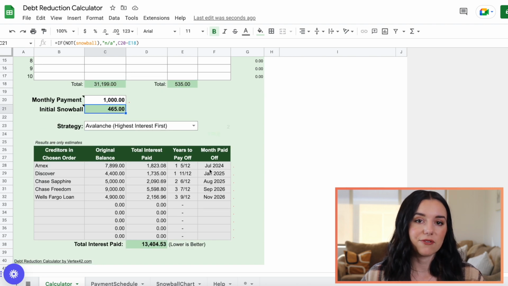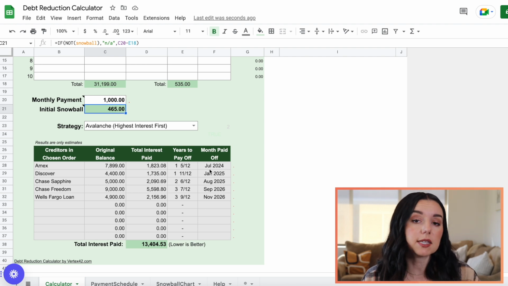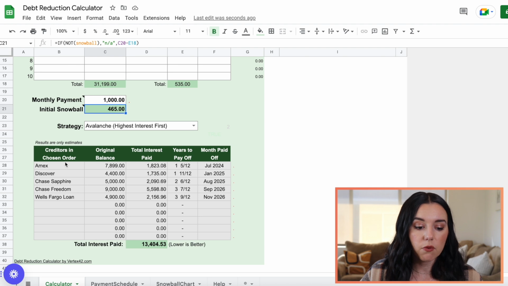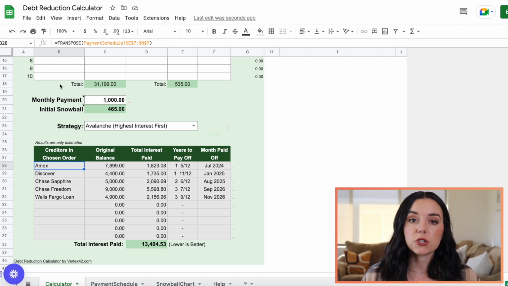We've now gone from just throwing $100 here randomly to now purposely putting an extra $465 towards the debt. And now we have Amex paid off in 1 year and 5 months. Now, I'm guessing you could probably even do more if you are strategic with shaving things off of your budget and being careful not to overspend.